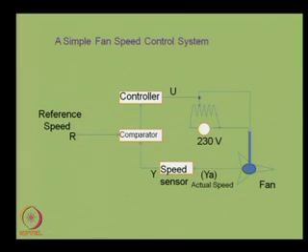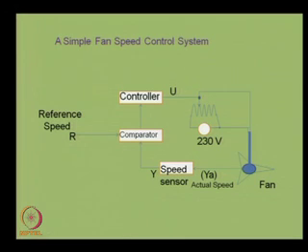Then the controller acts in such a way that the speed of the fan becomes exactly 1500 RPM, provided there are no input fluctuations. So, this gives the structure of a very simple control system, a closed loop control system.